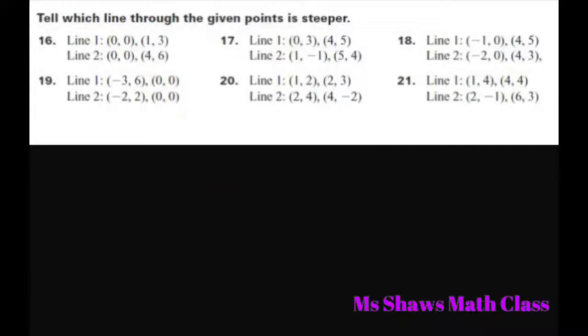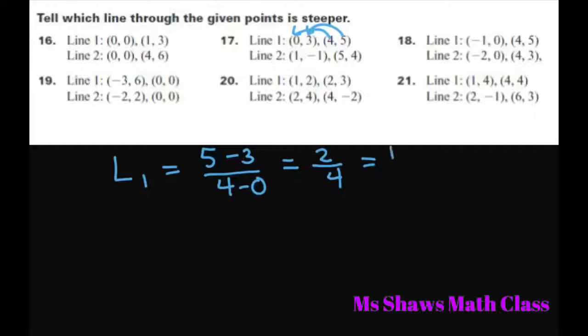So let's continue on. Make sure you have your formula memorized. So line 1, we're going to do 5 minus 3 and 4 minus 0. So this gives us 2 divided by 4, which reduces to 1/2.